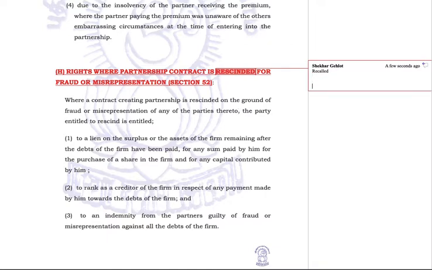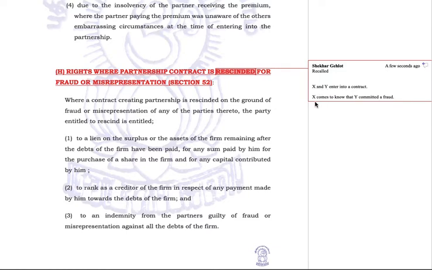Now, the party entitled to rescind. X and Y enter into a contract. Now X comes to know Y committed a fraud. Because Y has committed a fraud, Y does not have any right to withdraw from the contract, because he is the party which has committed fraud.